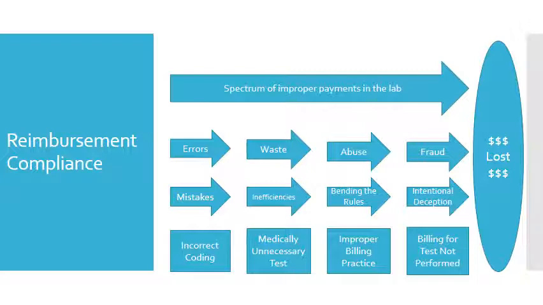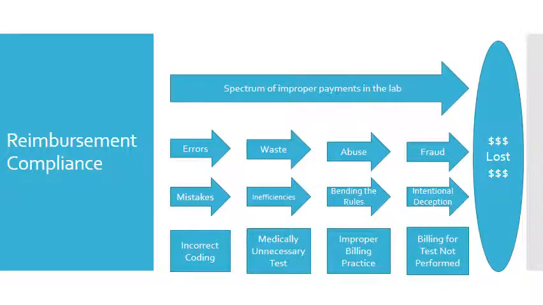So incorrect coding is a big thing. You have to make sure that the tests you're doing make sense for the diagnosis that's there. In many laboratory information systems, there's a space for diagnosis. And if you see the diagnosis doesn't match the test that you're doing, you might want to bring that to somebody's attention.